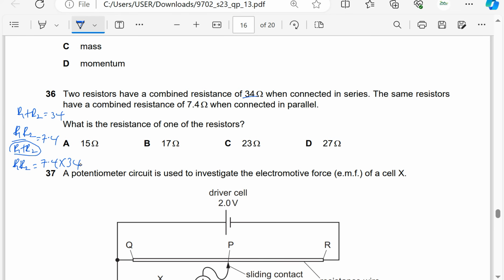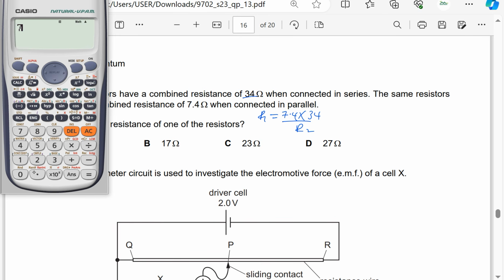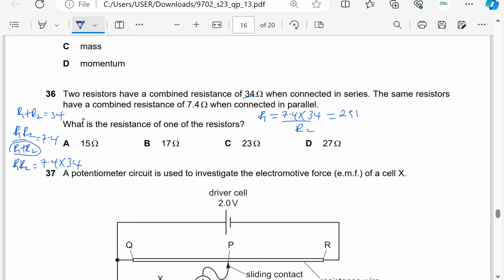This means R1 should be equal to 7.4 times 34 divided by R2. So this is 251.6 divided by R2.